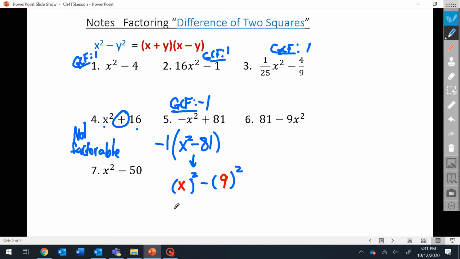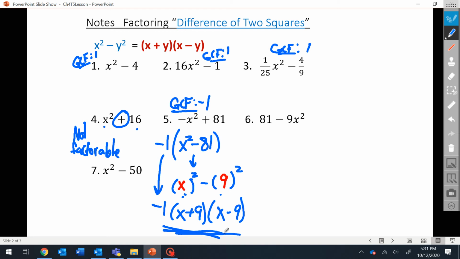So this is going to factor into x plus 9, this plus this for the first factor, and then x minus 9, this minus this for the second factor. However, don't forget the -1. -1 is also a factor. So we do need to include the -1. So we'd have -1, x plus 9, x minus 9. Those are the 2 factors of x squared minus 81.